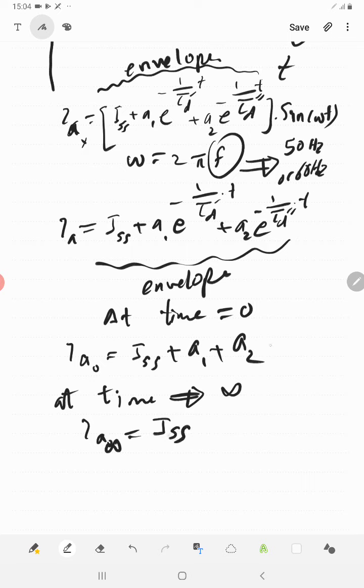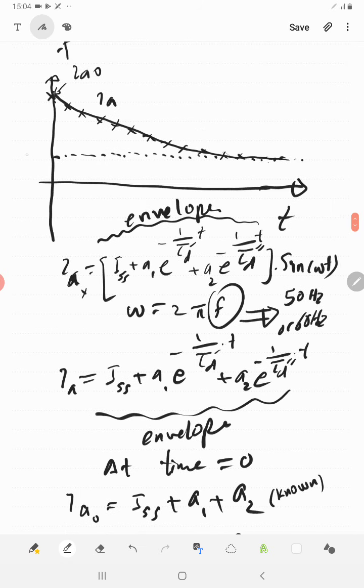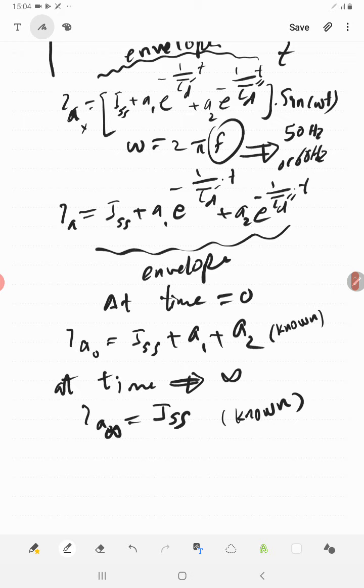Now this is known, and this is known. Both are known. If you look at the curve, we know I steady state is here and IA0 is here. Now we don't know A1, we don't know A2.